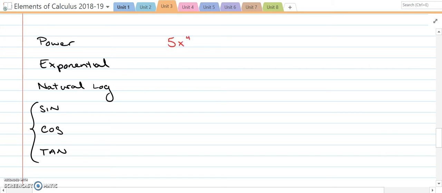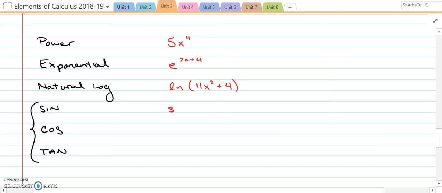5x to the 4th. An exponential, if you see it, you automatically have to do it: e to the 7x plus 4. A natural log question would look something like ln of 11x squared plus 4. I don't know why I keep on using these 4s, but we're going to roll with it.